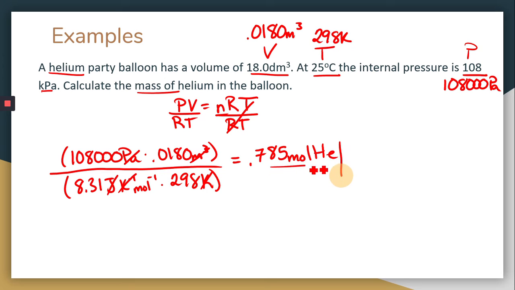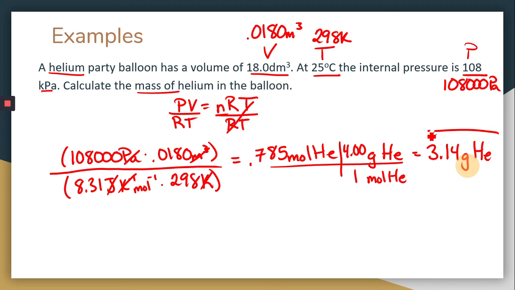Now we need to convert from moles to grams, so we bring moles to the bottom, grams on the top, and then we can look at the periodic table, and we see that 1 mole of helium has a molar mass of 4.00. And so we're going to take our moles and multiply by 4, divide by 1, and we get 3.14 grams of helium.